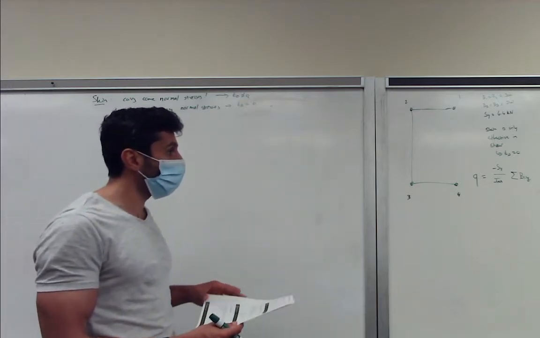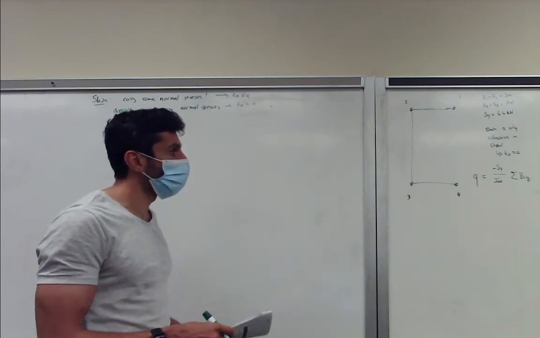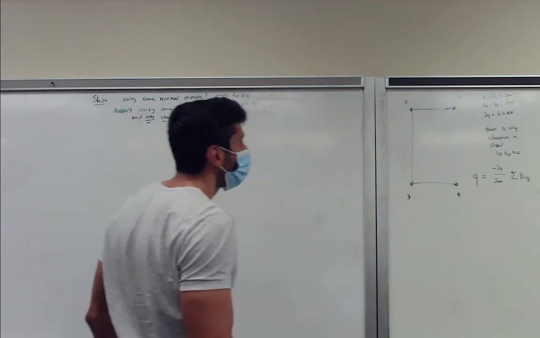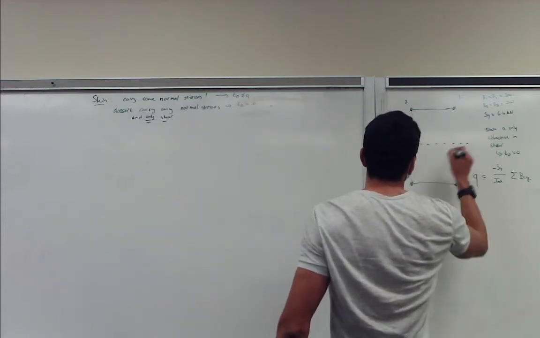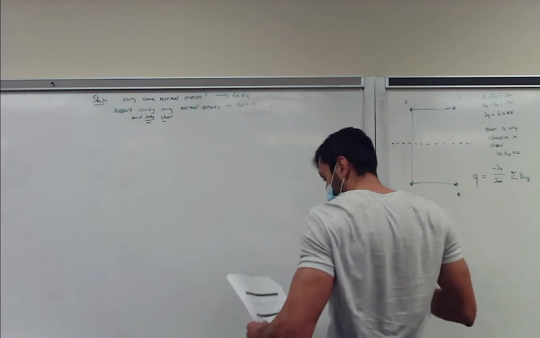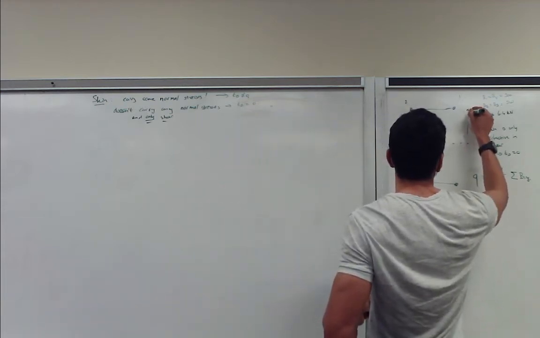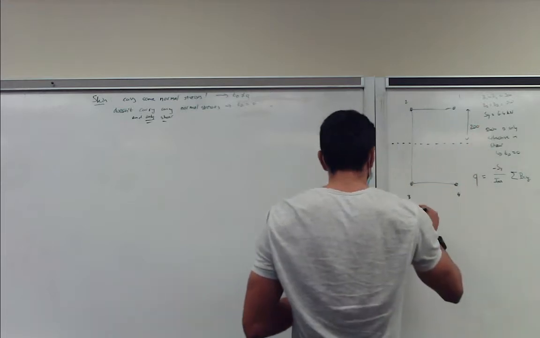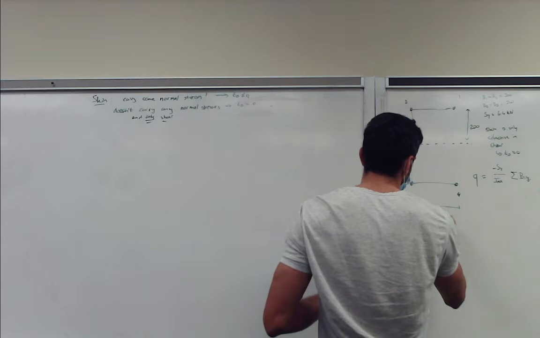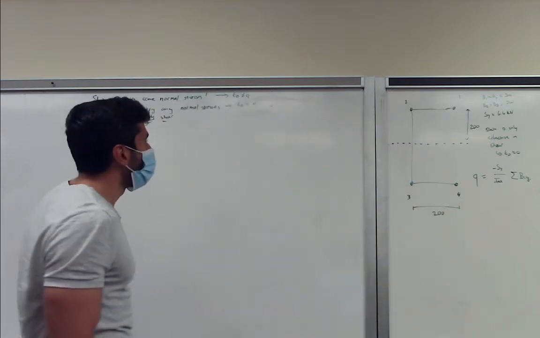So we can do the same problem. In this case, again, we have to calculate Ixx. Sy is given, and we know from the problem it's metric. So let's see what the distances are. This is 200, and this is also 200. So we can calculate the moment of inertia.